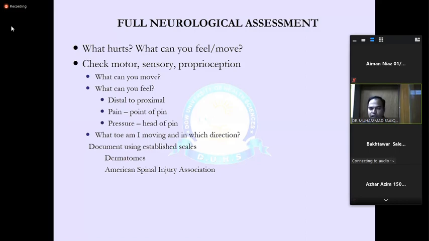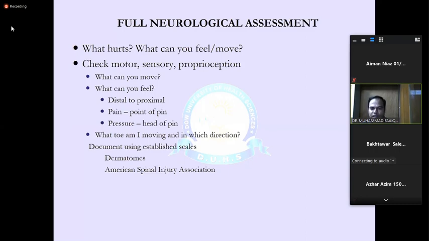While giving this command, move your toes or squeeze my finger, you want to assess whether there is some sort of injury at the cervical, dorsal, or lumbar level.